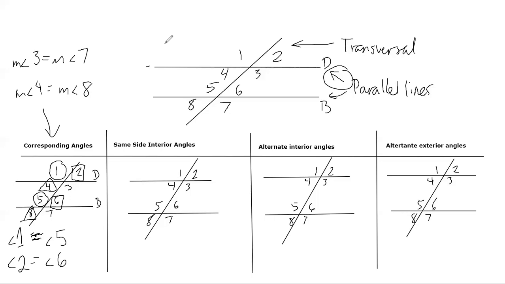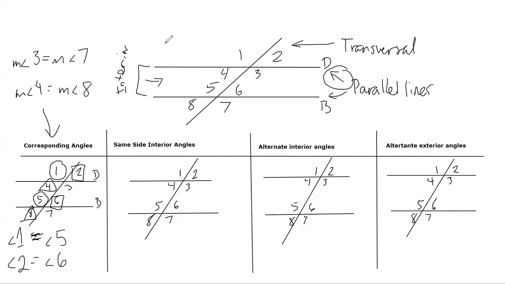Now, I want you guys to take a look at this. This is what we call the interior, all the angles on the inside of the two parallel lines. We're talking about angles 4, 3, 5, 6. Those are all interior angles because they're on the inside of the parallel lines.